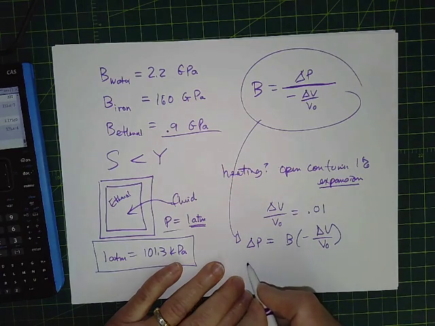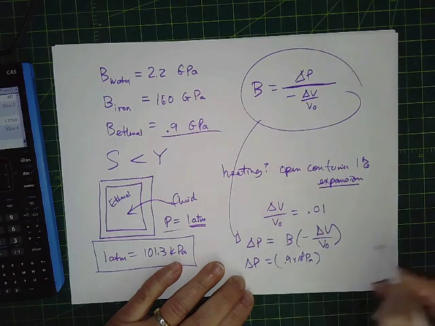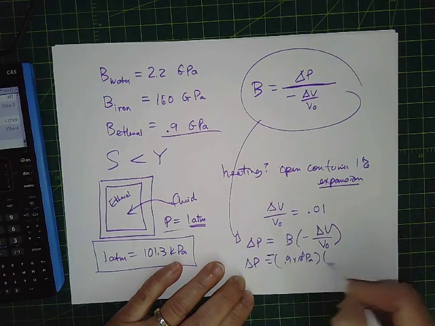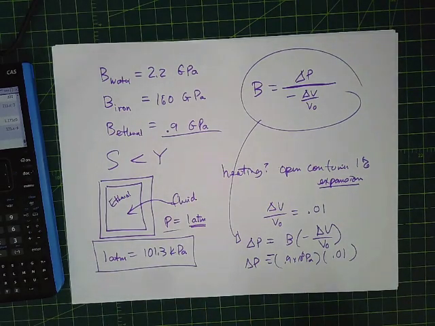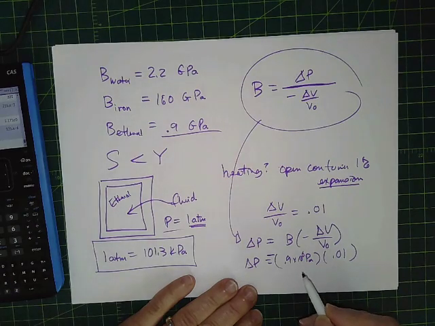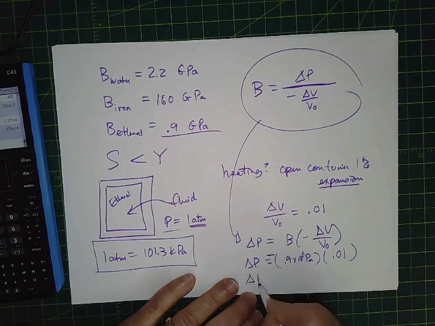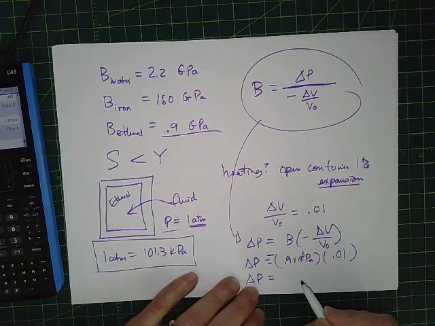And so we're going to have delta P, which is what we're looking for, equal to negative B, 0.9 times 10 to the 9th pascals, and let's pull a negative sign out here, and then delta V over V was 0.01, 1% kind of a number. Well, let's go ahead and get it in pascals first. So delta P, just do the multiplying, we have 9 times 10 to the 6th pascals.